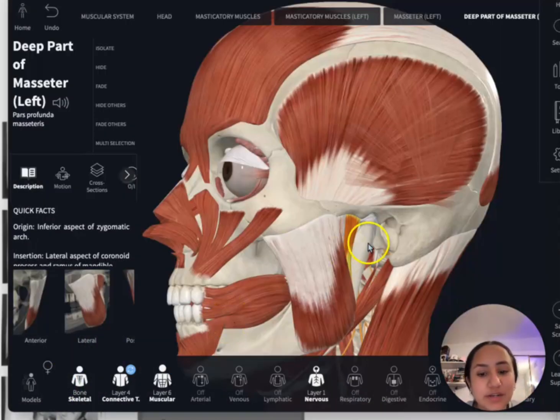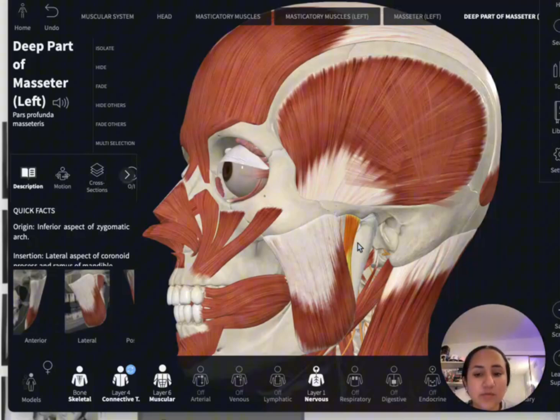Okay, we're going to get into some of the muscles. First, we are going to start with the masseter. There are three parts of this: the deep, the intermediate, and the superficial. We are just going to go over the deep and superficial. For the deep, the origin is the inferior zygomatic arch. The insertion is the lateral aspect of the coronoid process and the ramus of the mandible.